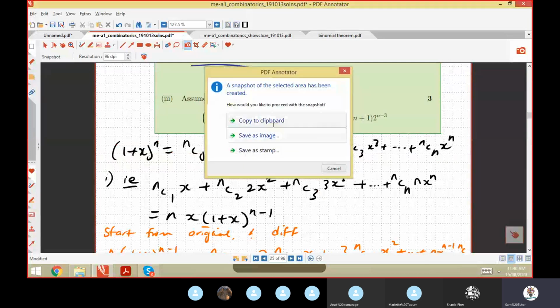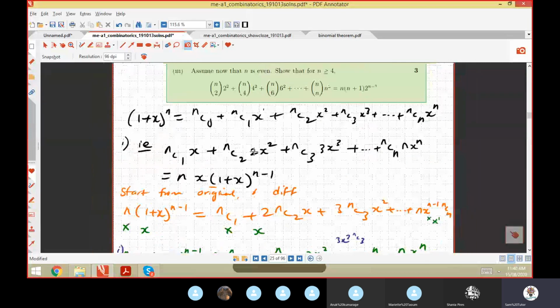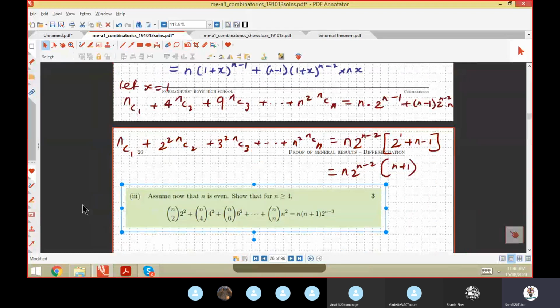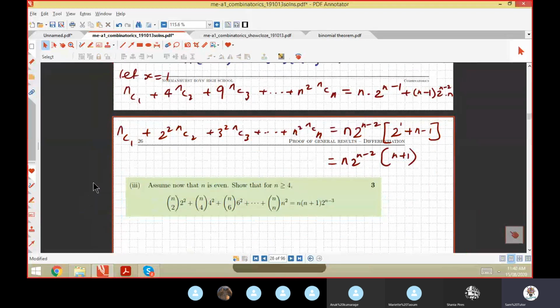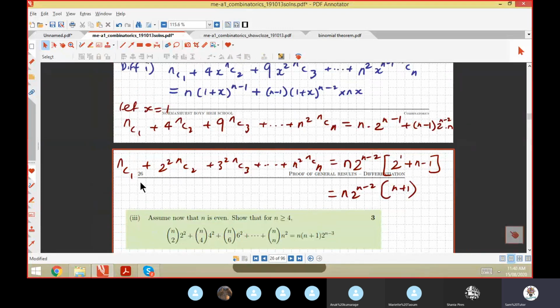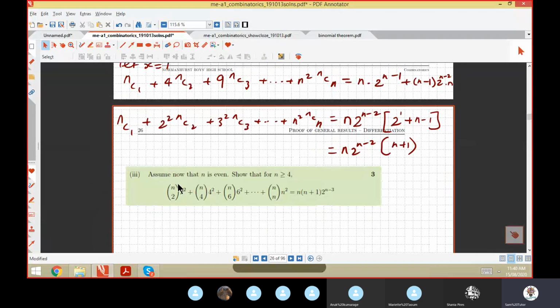Last one, 3 marks. Let's see if we can get this out. Assume now, all right, what do we have firstly? Let's make sure we've got NC1. Assume now that n is even. Show that for n greater than or equal to 4.